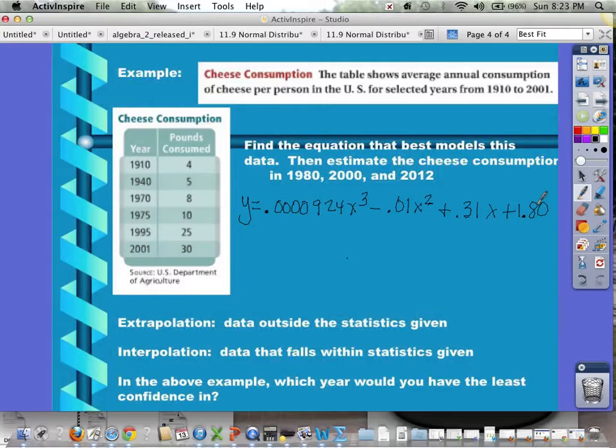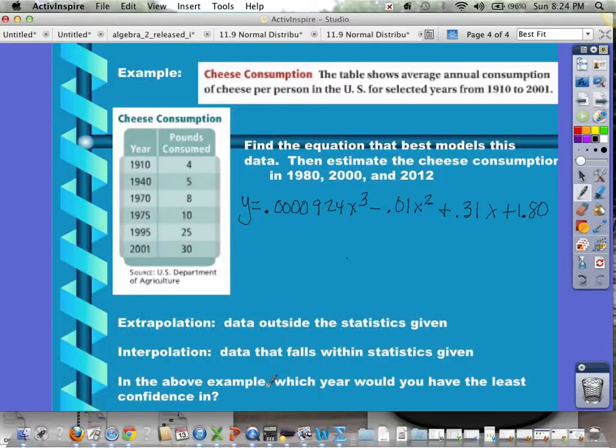If not, when you put this stuff in, you're going to get a number way, way off from what you got here. So if that happens, go back and check to see if there was a hidden little E in there and fix your decimals. So this is our equation of best fit.